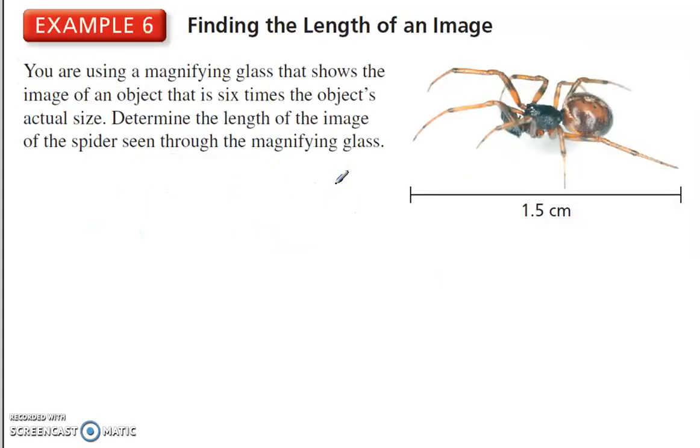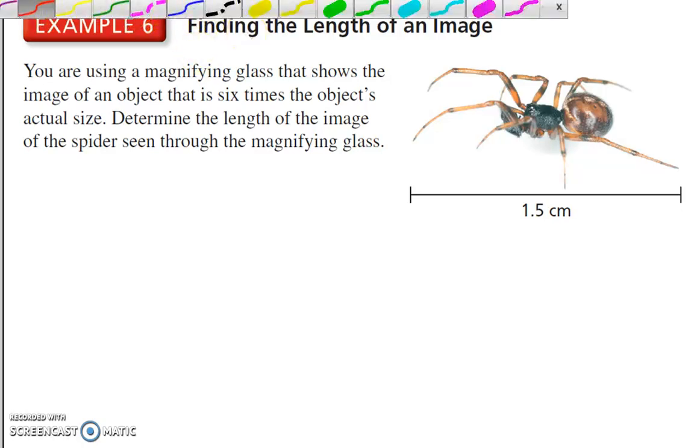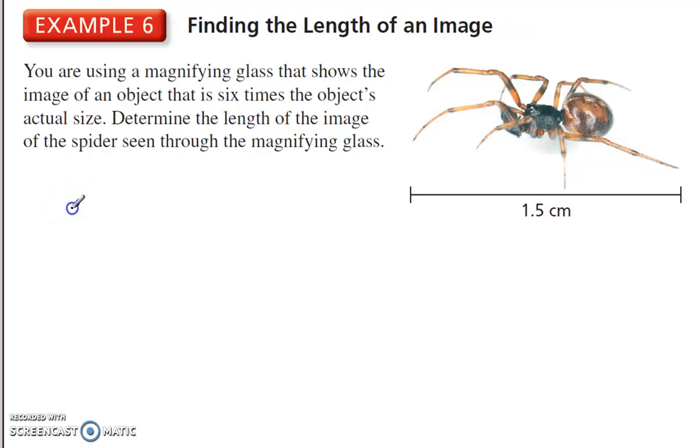Boom. All right, you're using a magnifying glass that shows the image of an object that is 6 times the object's actual size. Determine the length of the image of the spider seen through the magnifying glass. Okay, so I told you the scale factor is new to original. In this case, you could call that the image, which is the new, and the actual.